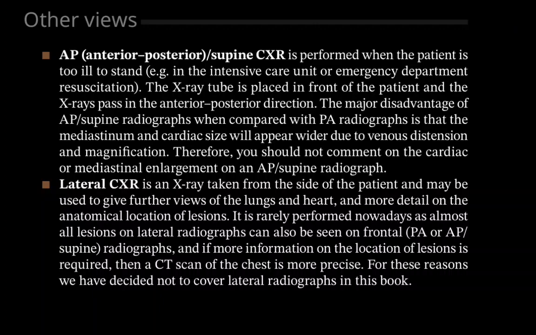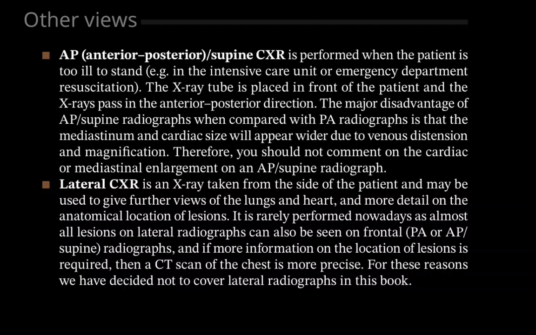The major disadvantage of AP supine radiograph when compared with PA radiograph is that the mediastinum and cardiac size will appear wider due to venous distension and magnification. Therefore, you shouldn't comment on cardiac or mediastinal enlargement on an AP supine radiograph.